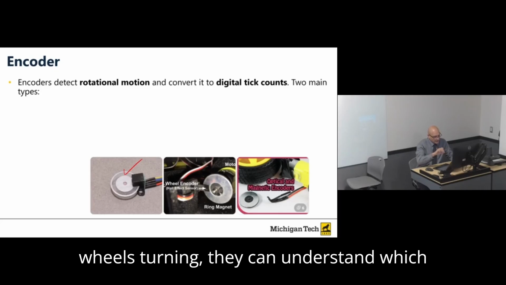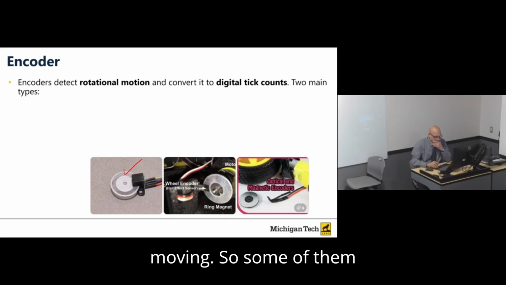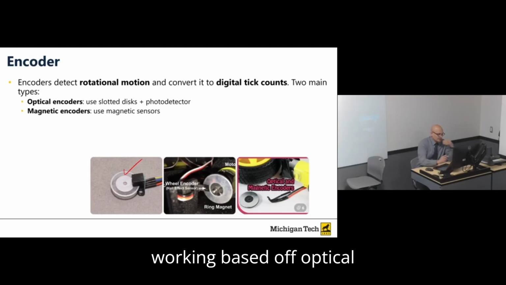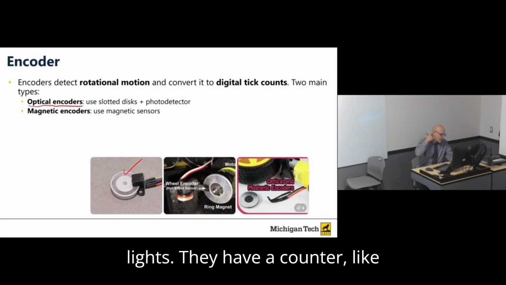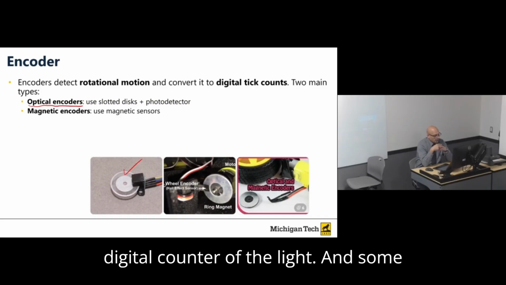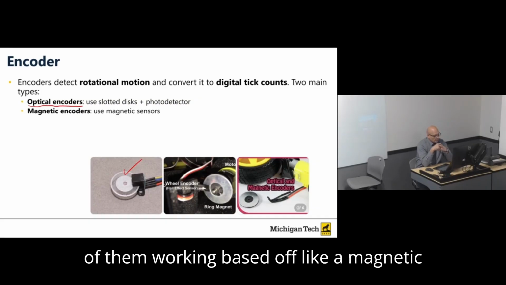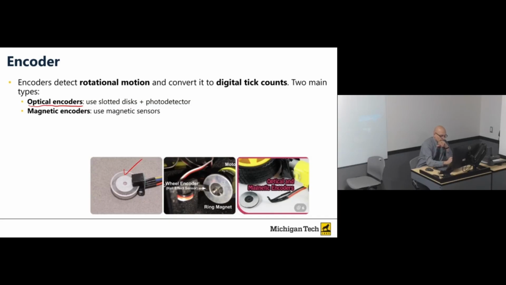When the wheels turn, they can understand which direction the wheels are moving, and they count to see how much they are moving. Some of them work based on an optical encoder. They have a digital counter and count the light. And some of them work based on a magnetic encoder. They use magnetic sensors to do that.